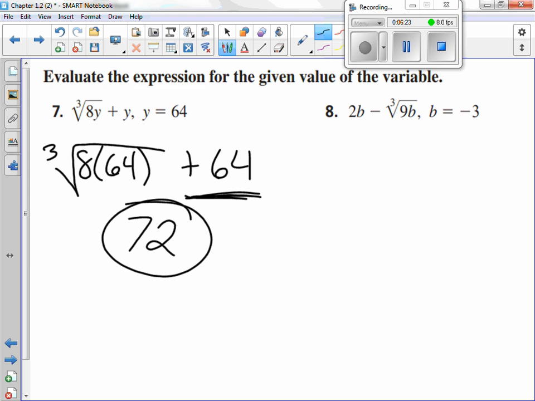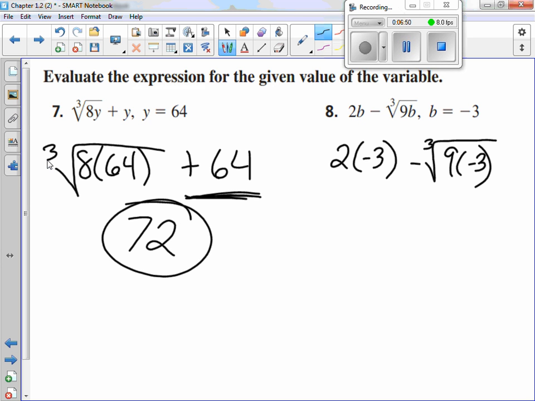Now number 8, hopefully you already did this one here. You're going to plug -3 in for b. So we'll have 2 times -3 minus the cube root of 9 times -3. Now if you remember back to 8th grade math, what you did last year, hopefully you remember back that far. With coronavirus, I know it might be a little difficult, but you remember with square roots, we can't have a negative inside the radical, but it's fine with cube roots.